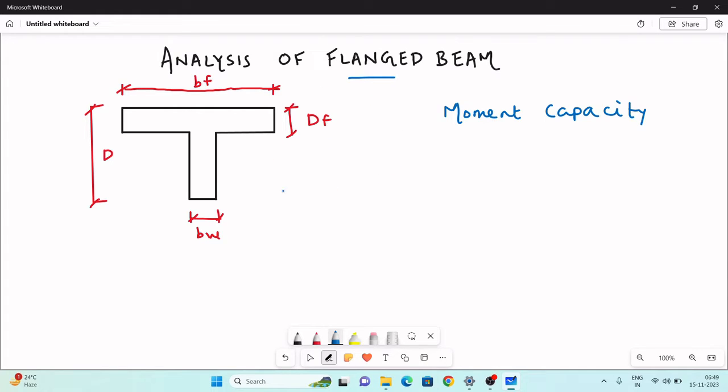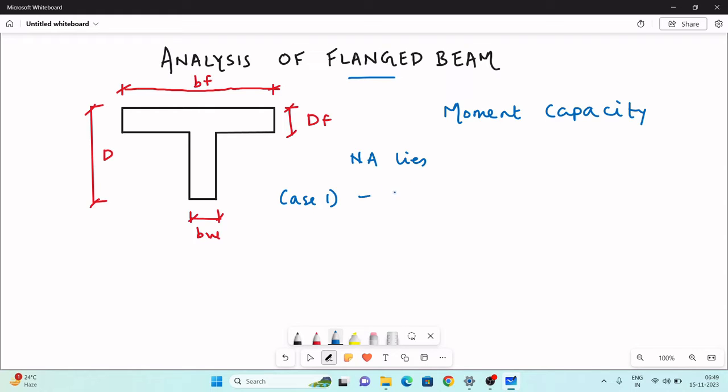In this analysis problem, the very first step is to locate the neutral axis, whether it lies in the flange or it lies in the web. Accordingly, we have four cases.